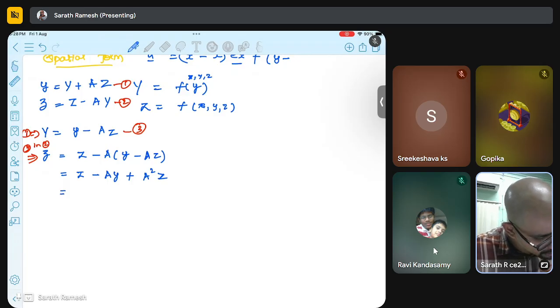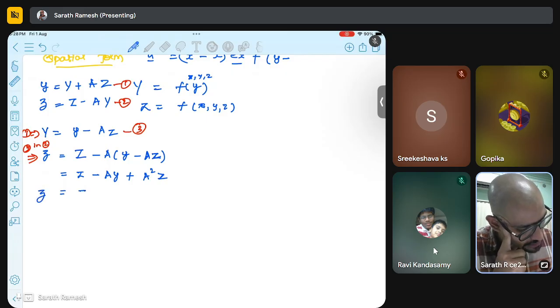Where we are, I have substituted equation number 3, which is capital Y equal to small y minus AZ, in equation number 2. So this becomes small z is equal to capital Z minus A into small y minus AZ, where this is also capital Z. Now small z equals capital Z times 1 plus A square, minus AY.